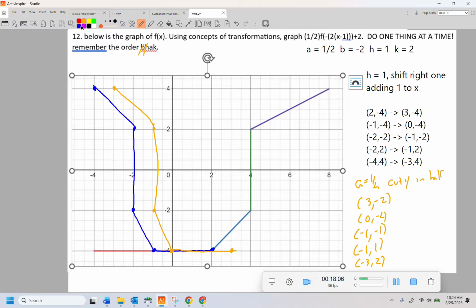Good times, right? Let's choose red this time. (3, -2) exists. Should be about right here. (0, -2). And I put (3, -2) in the wrong spot. Sorry, (0, -2) would be right here.